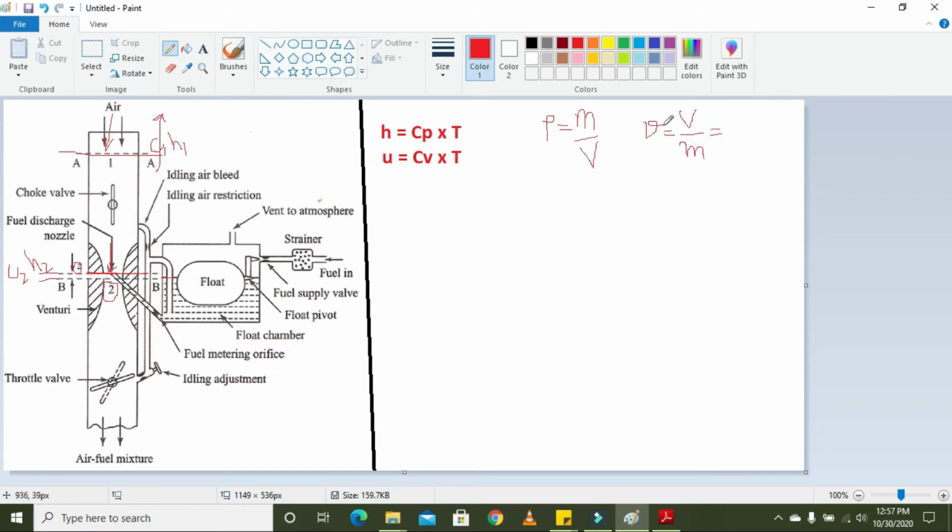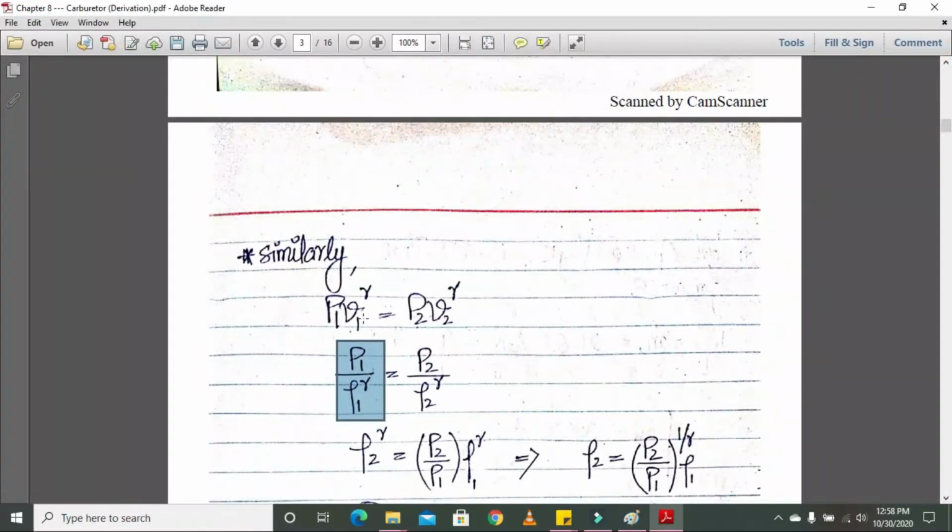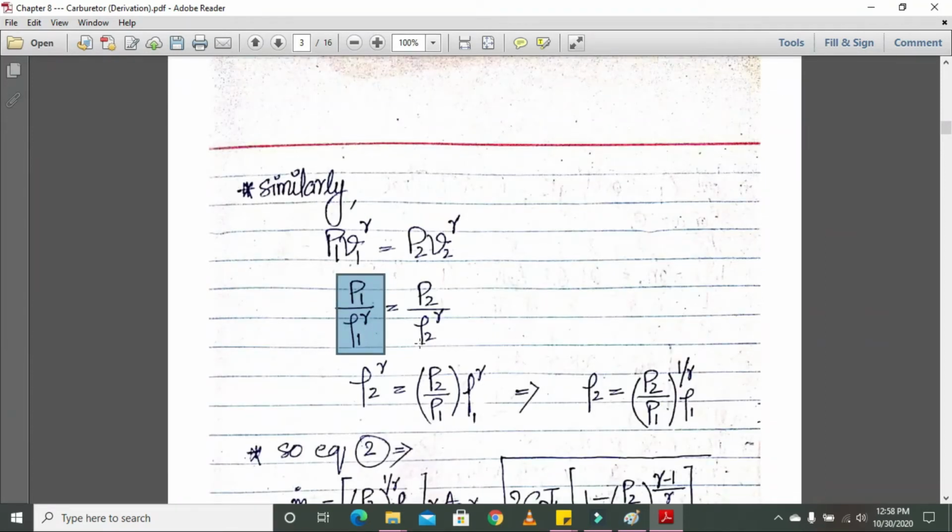So when we compare these two relations, the specific volume can be taken as the reciprocal of density, 1 upon density. So we have replaced this specific volume with the density on both sides. Now rearranging this equation and making rho 2 the subject, we obtain the relation for the density at state 2.